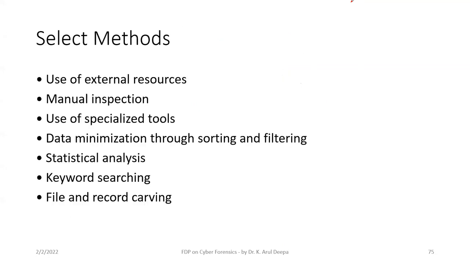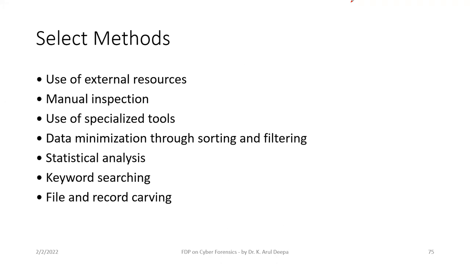After that, you need to select the methods. The next step is you need to select a method. So here are the methods: use of external resources, manual inspection, use of specialized tools, data minimization through sorting and filtering mechanism, statistical analysis, keyword searching, file and record carving.